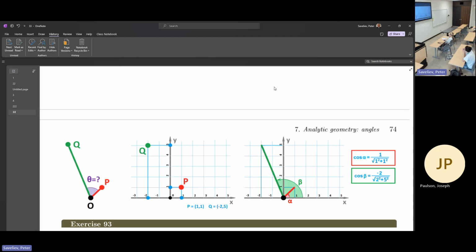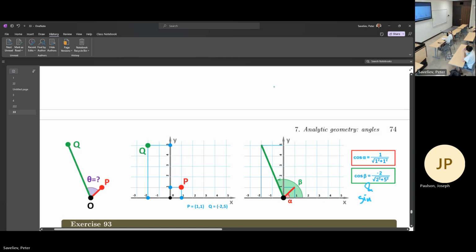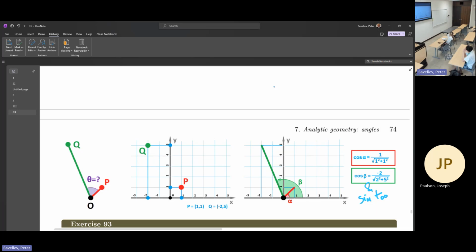Once again, OP and OQ lie on the Cartesian system, and there are two angles that we can compute, as we already discussed. So both sine and cosine of these two angles can be computed. In this case, I write cosine, and sine too. So the angles with the x-axis have been found.